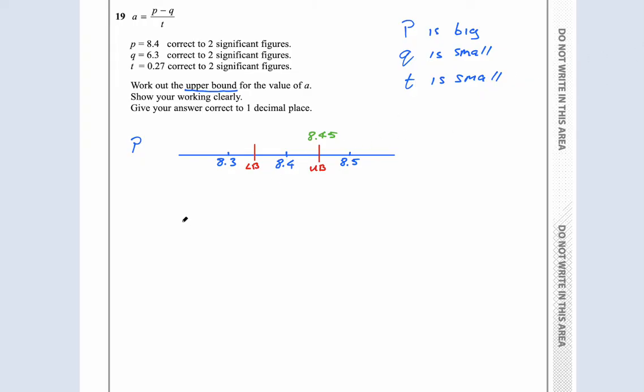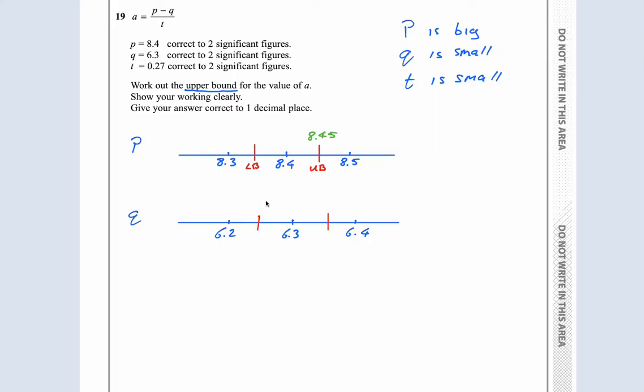Okay, let's do Q. This is Q, 6.3, same thing. I'm going to put it in the middle. The next number down, if we're dealing with two significant figures, is 6.2. The next number up would be 6.4. The upper bound and the lower bound are halfway between the numbers.